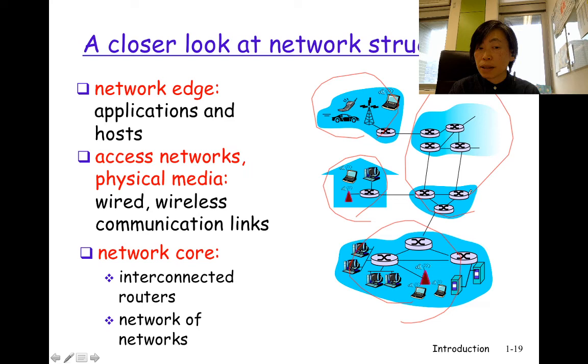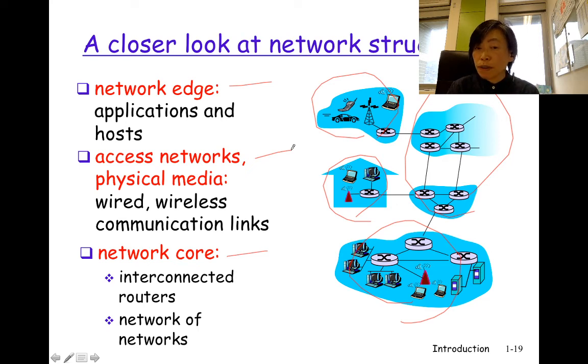You see also at the center of the network, most of them are routers, and they are also called the network core. End systems are essentially the network edges, hosts running the applications. The access network connects the edge to the internet.